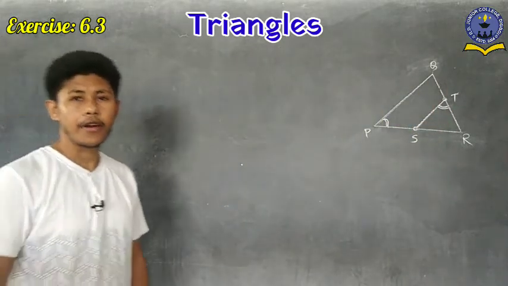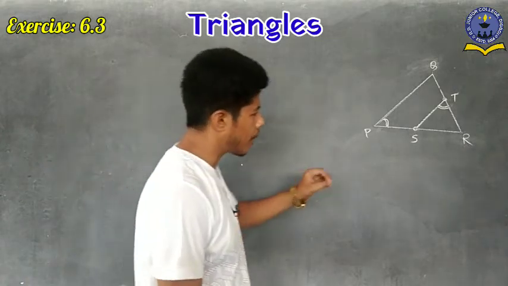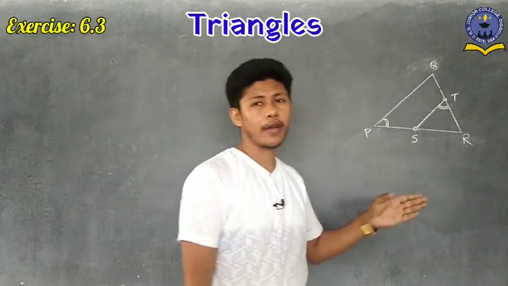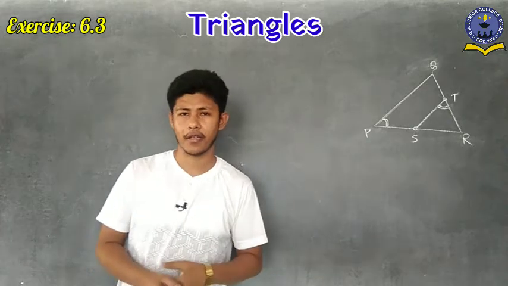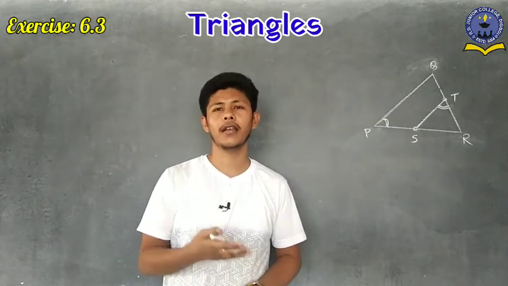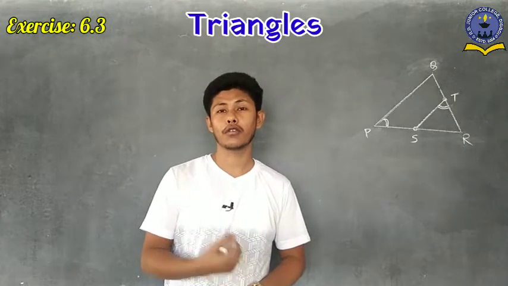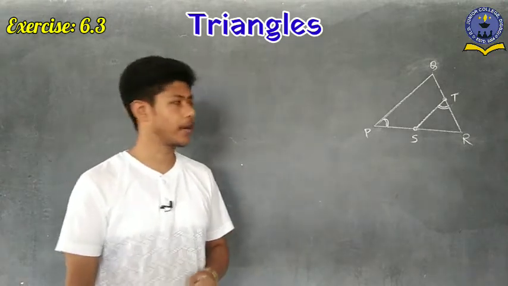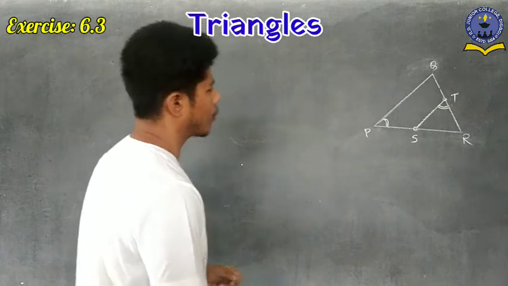Is it clear? Very simple question here. You just have to identify the diagram and apply any one criterion. These criteria are side side side, angle angle angle, and side angle side. Or we can also apply the angle angle similarity criterion. So now let's see how we can do this one.